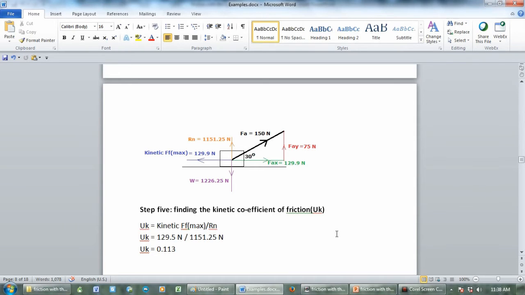So mu K will equal 129.9 newtons divided by 1,151.25 newtons. So the kinetic coefficient of friction works out to 0.113.